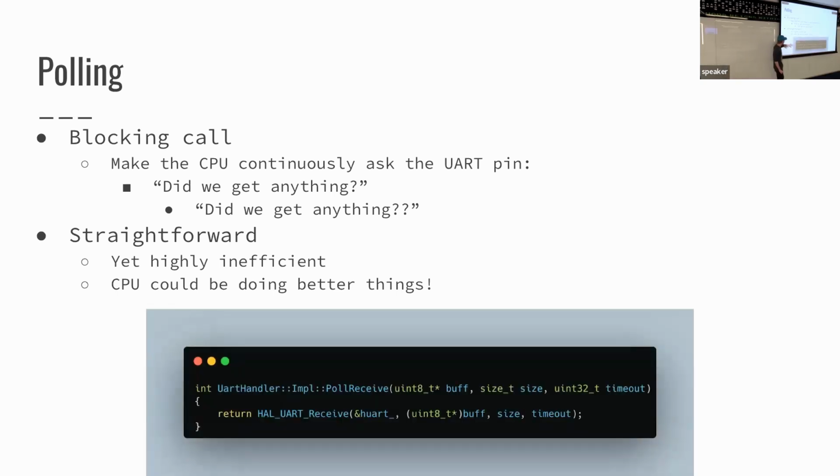But this is what it would look like in libDAISY to do the whole receive. You've got this call here where you take in your UART handle and a buffer that you want to write to, the amount of data that you want to wait until you have, and then a timeout, in case you didn't get anything.